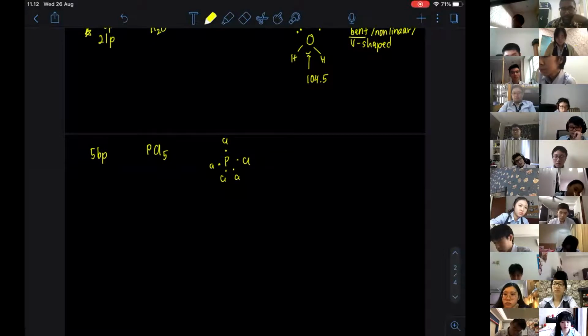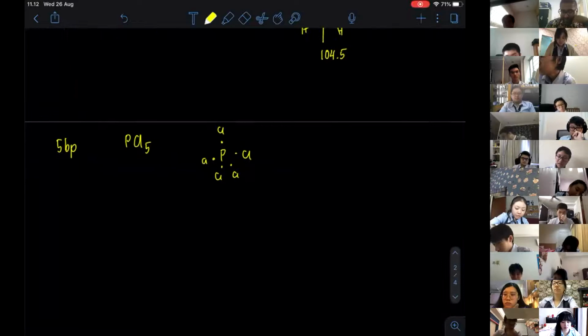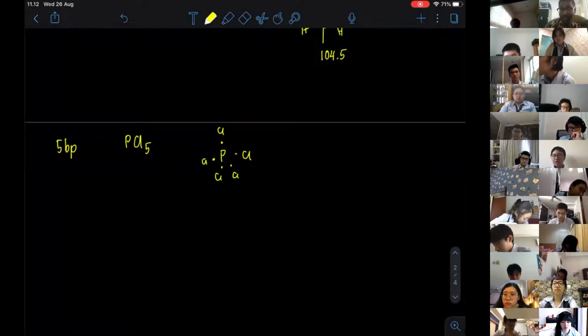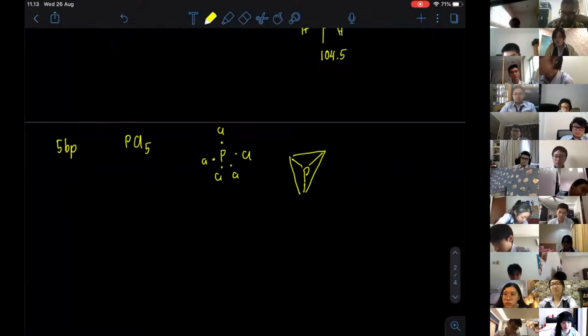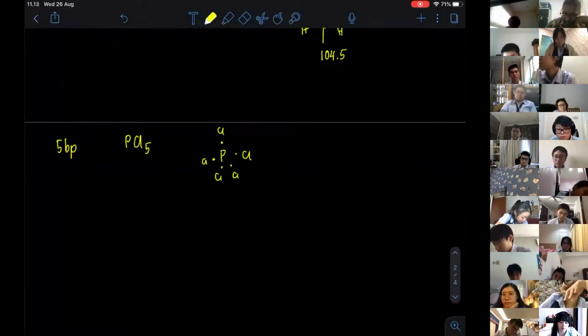Of course, I don't want to draw everything. But the best way to rearrange them is in this way. P, arrange them in the form of a triangle. Or let me draw the other way around. Imagine there is something like this.